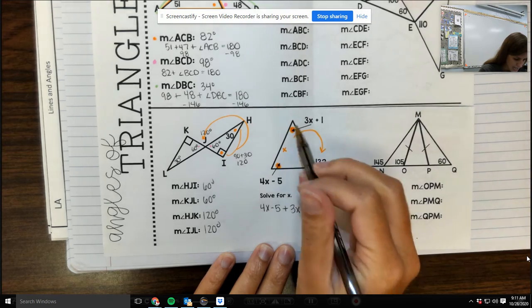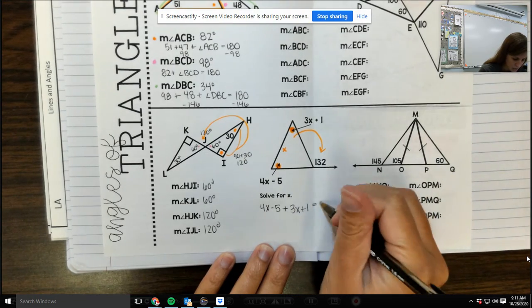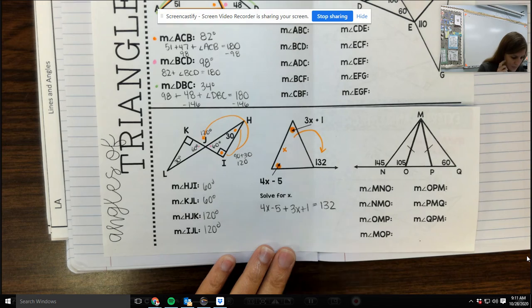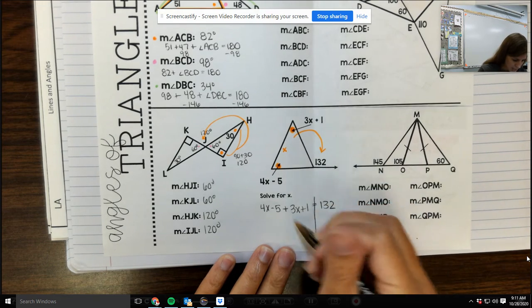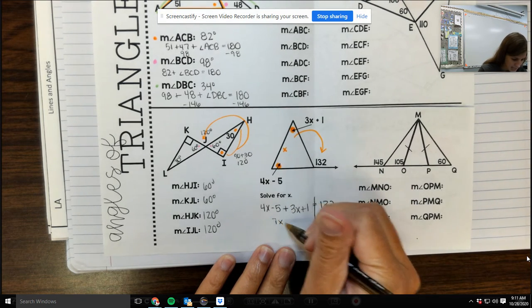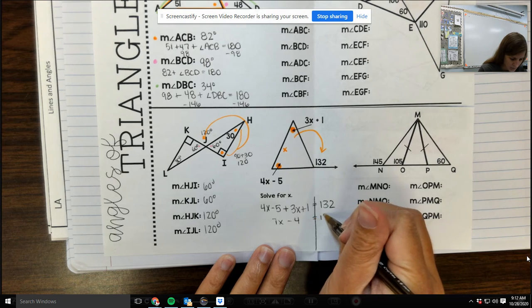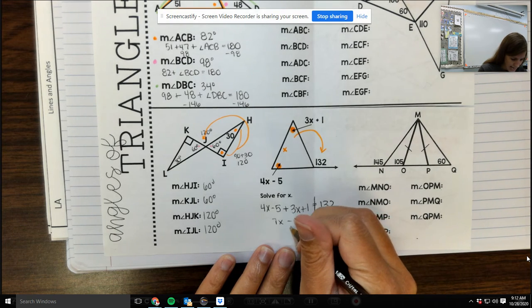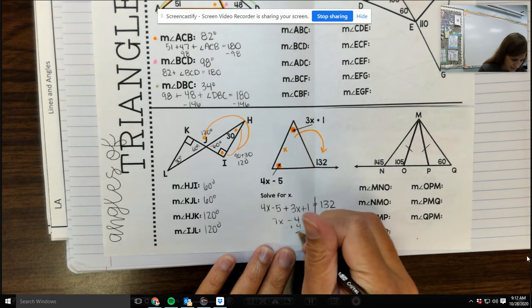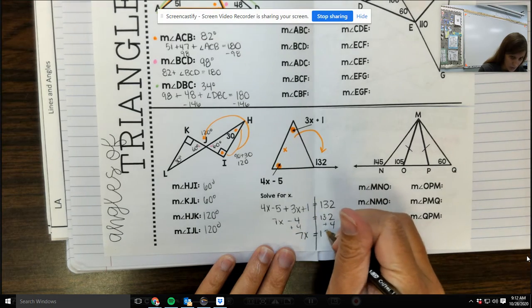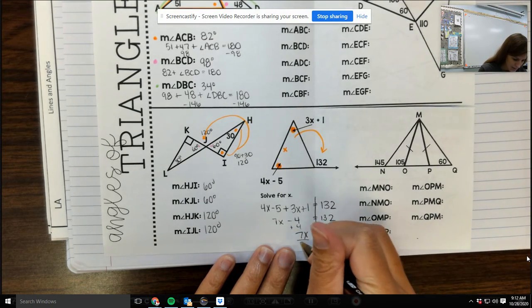And those two angles added up will equal my outside angle, so 132. And so we can combine like terms because they're all on the same side. So we'll have 7x minus 4 equals 132. Add the 4. So we'll have 7x equals 136. And then divide by 7.